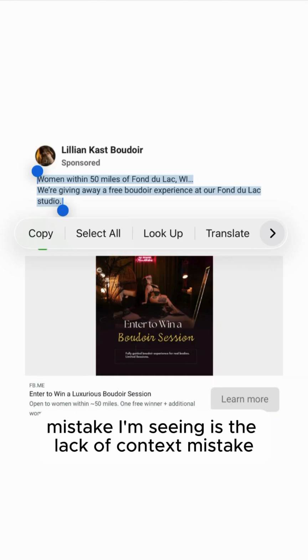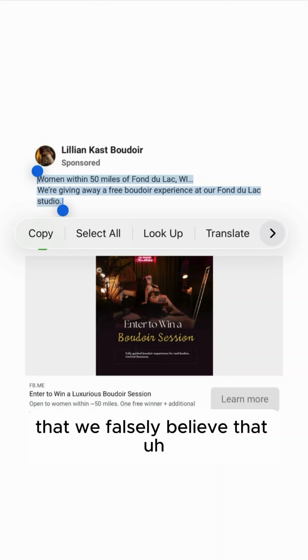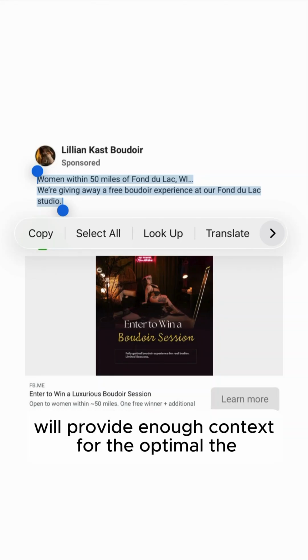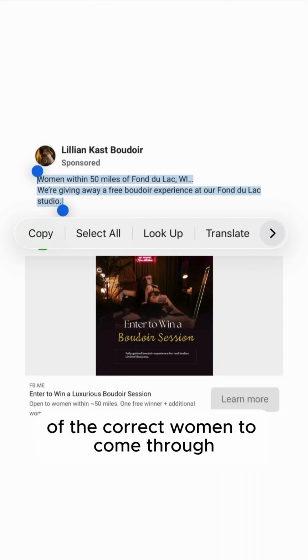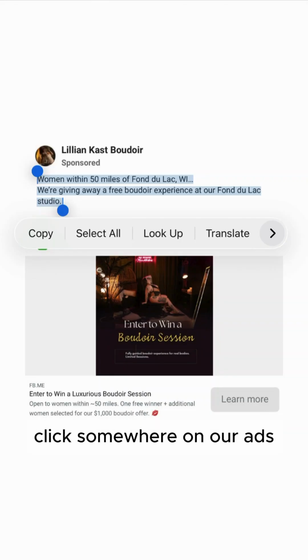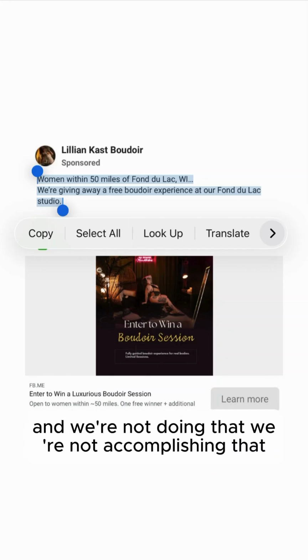The mistake I'm seeing is the lack of context mistake. The false belief that causes us to make this mistake is that we falsely believe we're providing enough context for the optimized amount of the correct women to come through and click on our ad so our ad gets into their brain. And we're not accomplishing that.